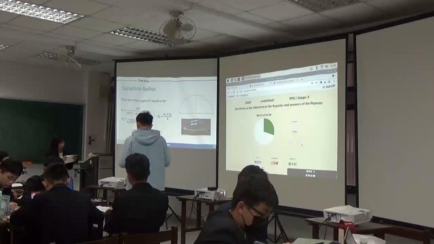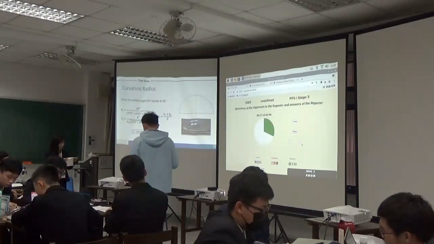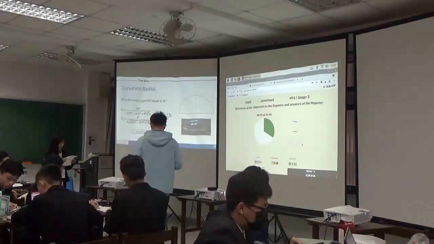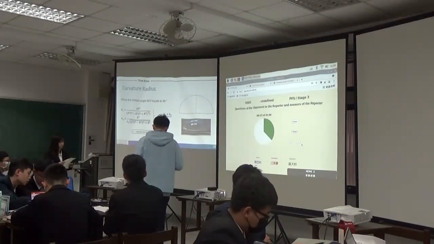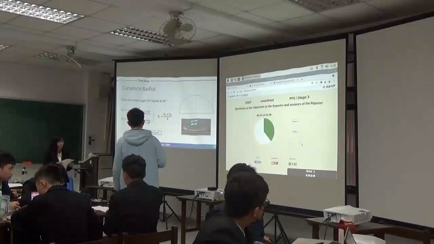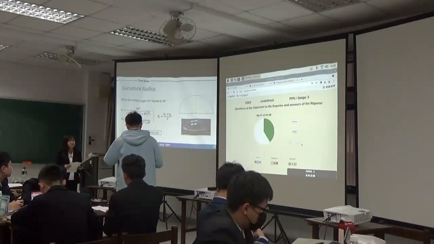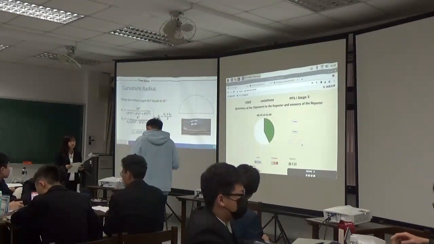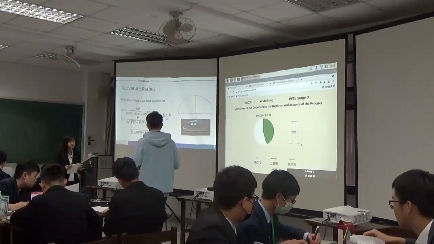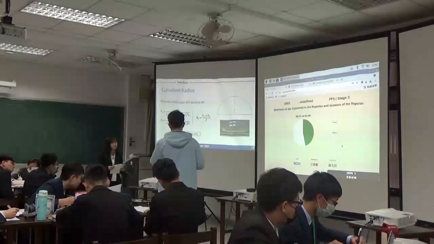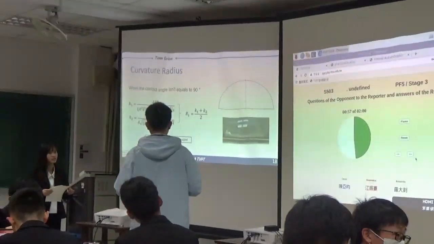And under X, is your magnification angular magnification or transfer magnification? Pardon? The magnification, the thing that's not red.